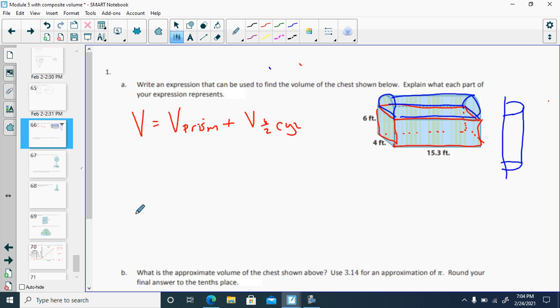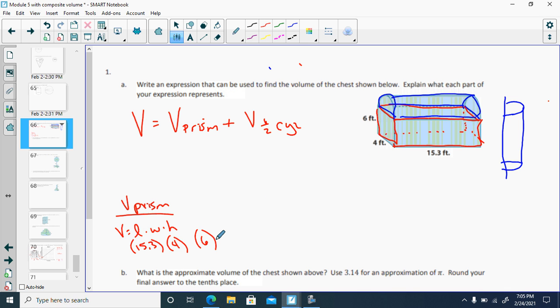The volume of the prism. Let's try this. The volume of a prism would be length times width times height. The length of that was 15.3. The width of that was 4. The height of that was 6.